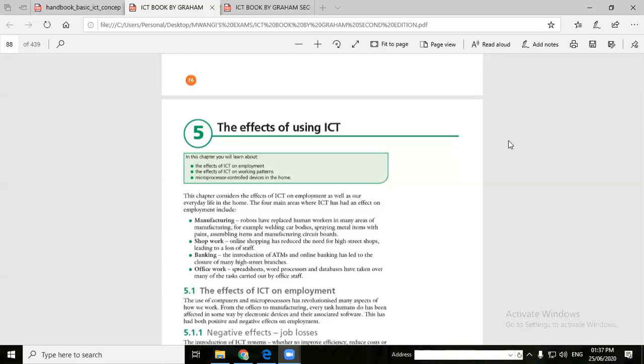So, in this chapter, you're going to consider the effect of ICT on the environment as well as our daily life in the home. Of the four main areas where we have ICT, the first is the effect on employment. One is manufacturing. ICT has affected the manufacturing industry so much.